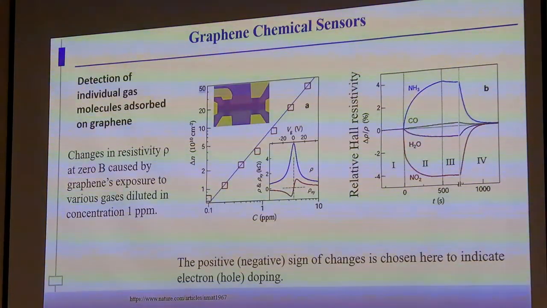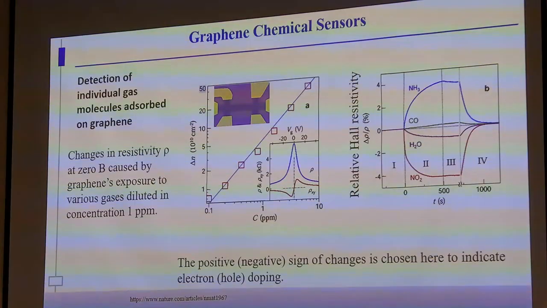This is the very first experiment, 2007. It was done in very specific experimental conditions with a very specific setup. Here you can see the relative Hall resistivity for NH3, NO2, carbon monoxide, and H2O, in both positive and negative directions.